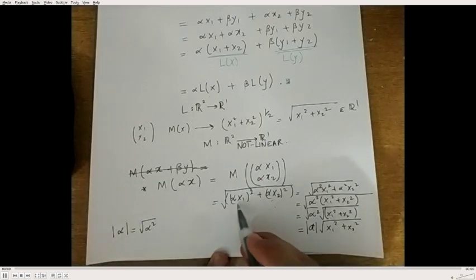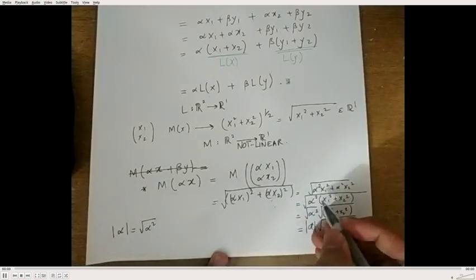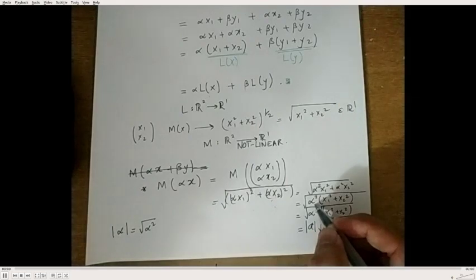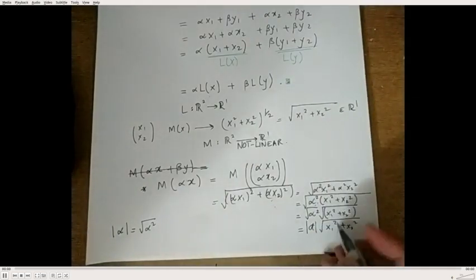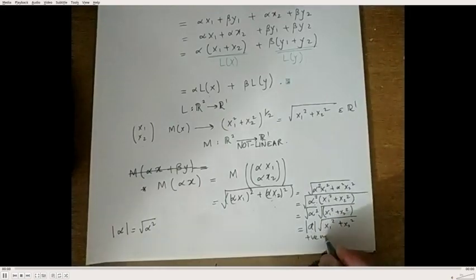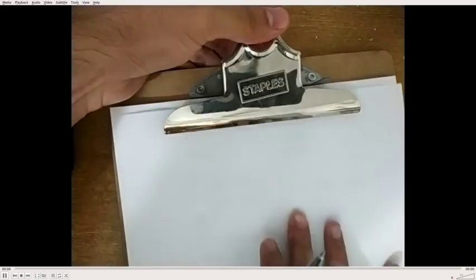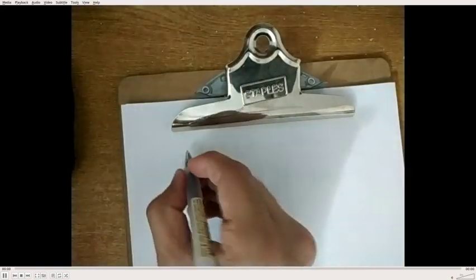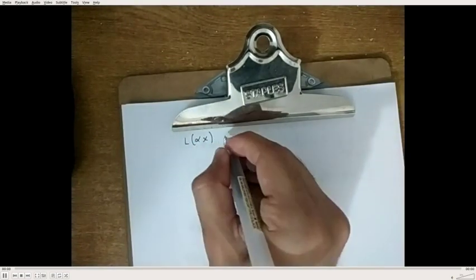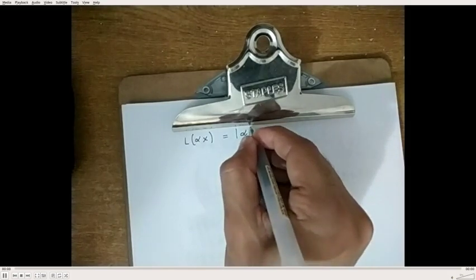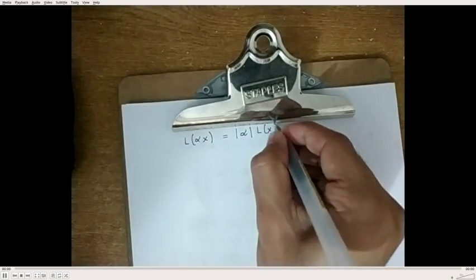So inside the square root, this number has become positive, and once you apply the square root on it, this is a positive number now. So essentially my M of alpha x has become the absolute value of alpha times M of x.